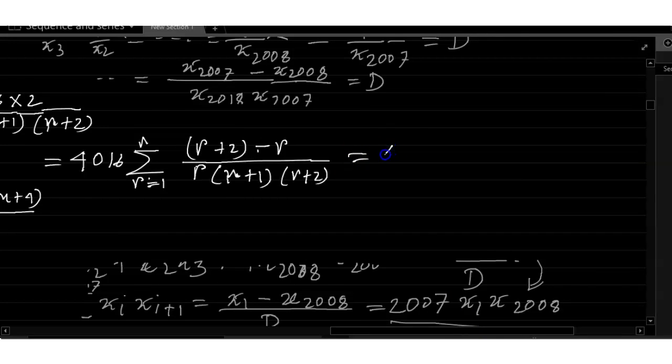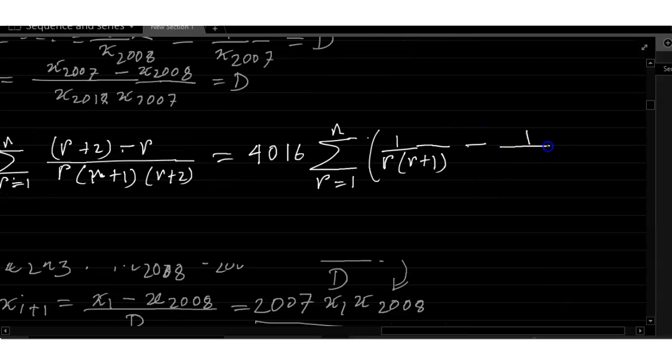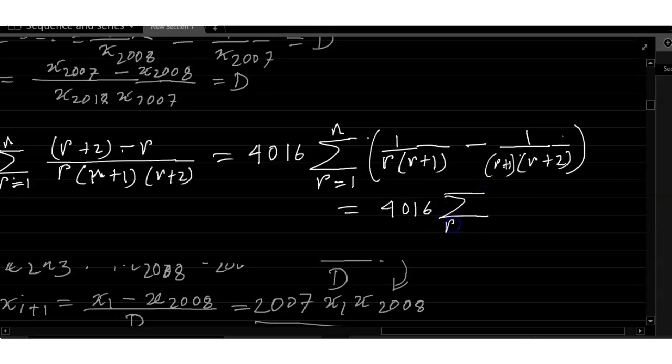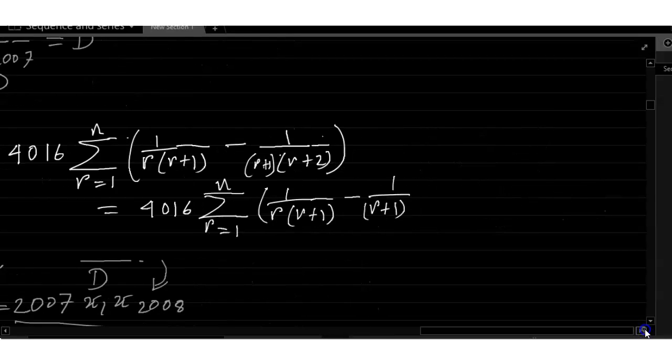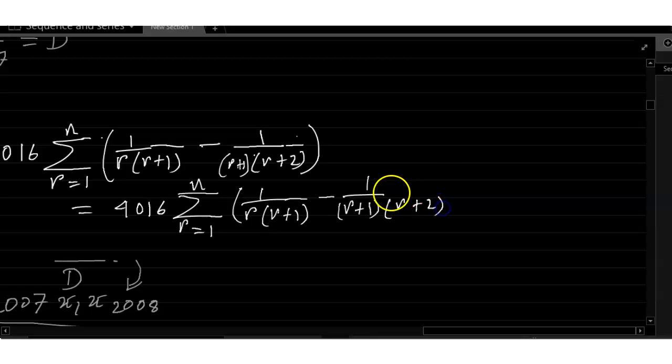This equals 4016 summation r equals 1 to n of 1 by r into r plus 1 minus 1 by r plus 1 into r plus 2.